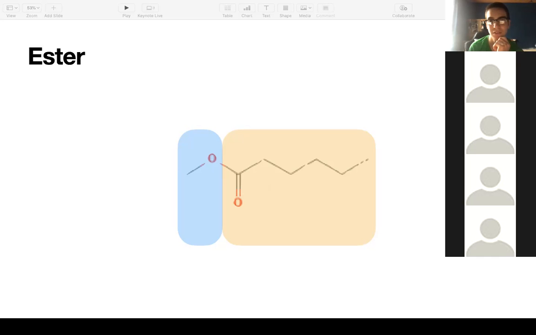Oh, hexane. So someone wrote something else; I don't even know if I'm still saying that right. It's okay. Yeah, so hexane. And what about on this side? What do we call that?